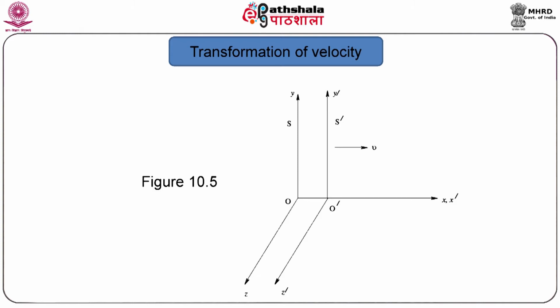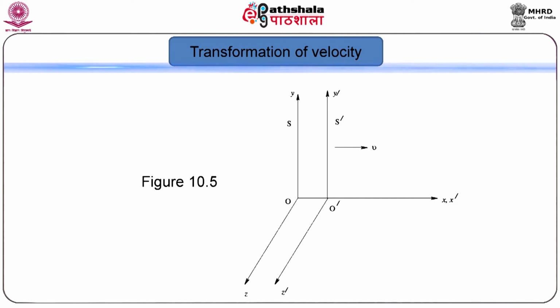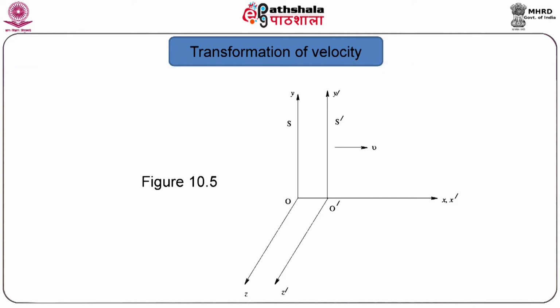OX, OY, OZ are the coordinate axes of frame S. O dash is the origin of frame S dash. S dash has coordinate axes O dash x dash, O dash y dash, O dash z dash. Here also we have used a special type of coordinate system.